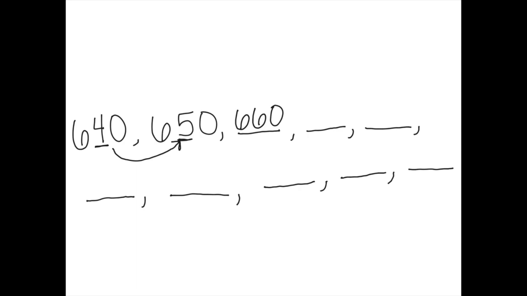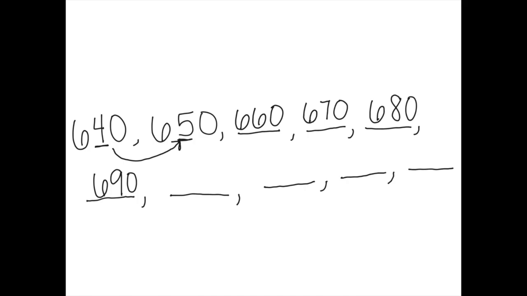Now, if I'm going to add 10 more, my 600 stays the same, but my 6 tens is going to go up to 7 tens. So I have 670. If I keep going, I'll get 680, 690.